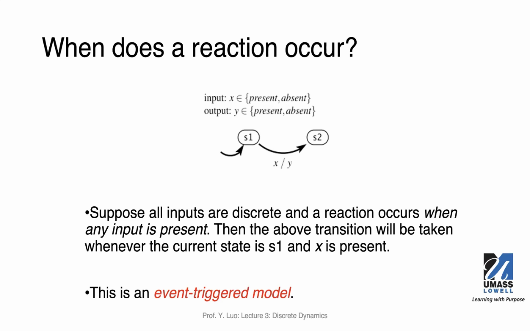So what we're saying here is we want to use the label on the arrow to define what will be the condition for this transition, and what will be the actions taken while we do the transition. In this case, all the inputs are discrete, and a reaction occurs when any input is present.